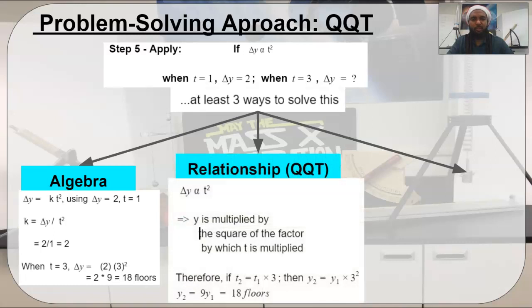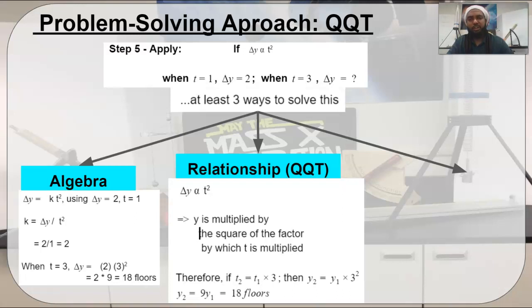Now, the second and preferred approach is to use the relationship. This is where you look directly at the factors that each side is multiplied by. So y being proportional to t squared means that whatever factor t is multiplied by, y will be multiplied by that factor squared.